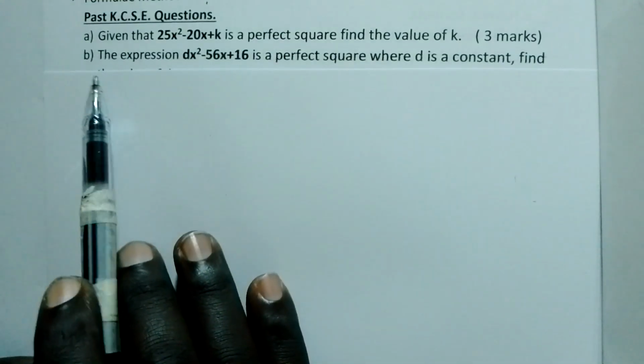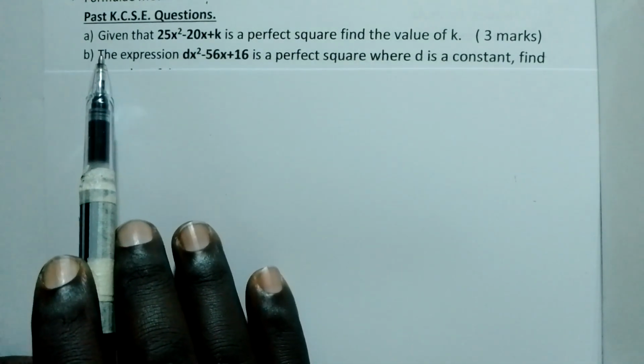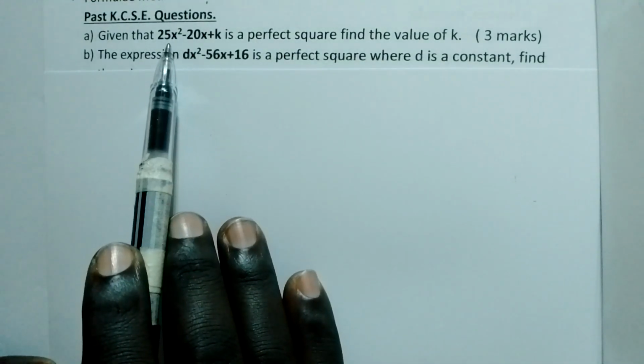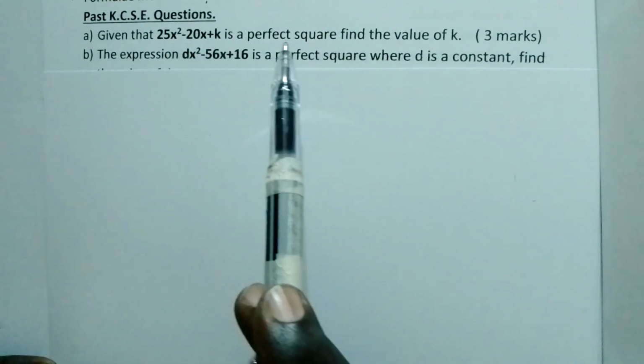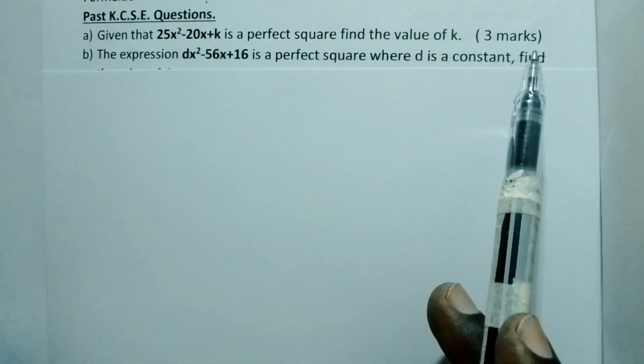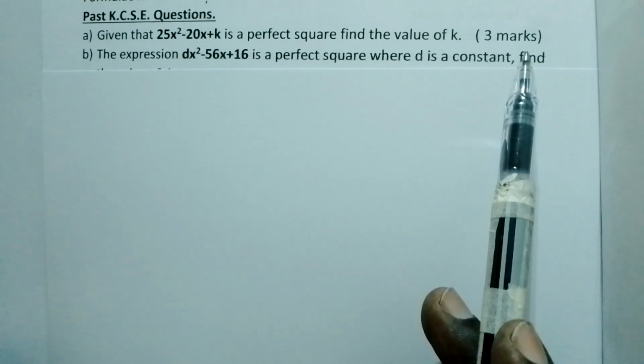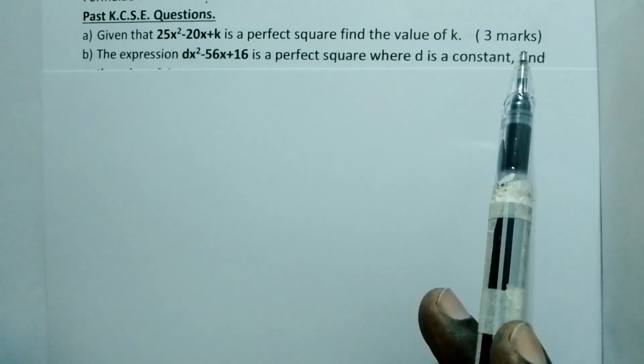Given that 25x squared minus 20x plus k is a perfect square, find the value of k.